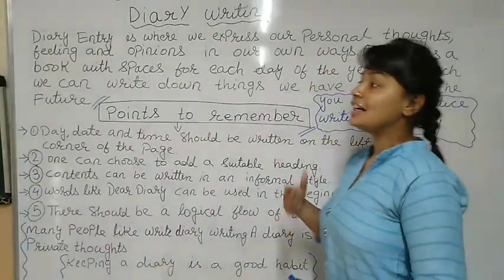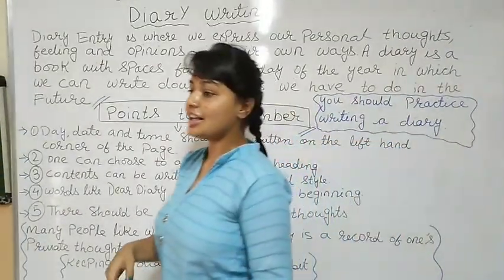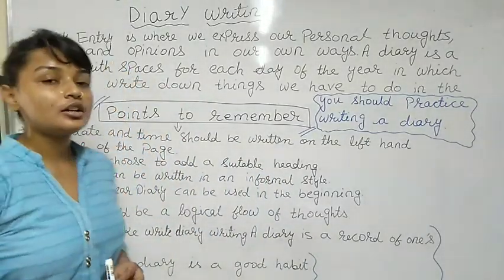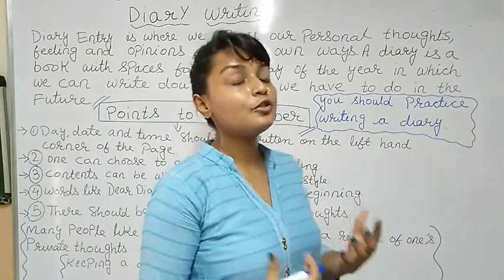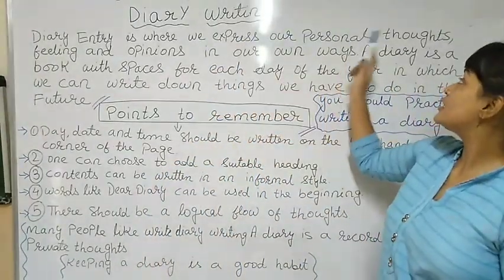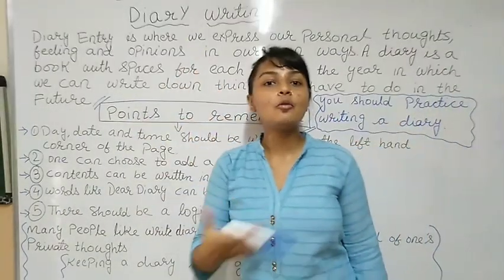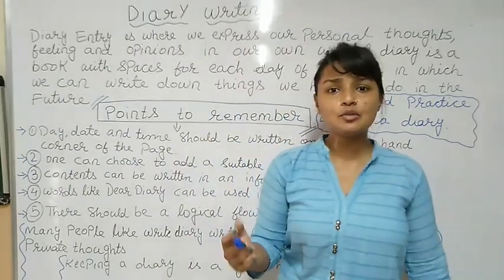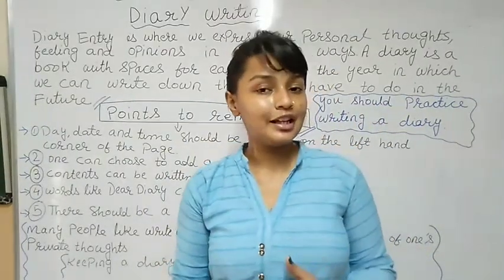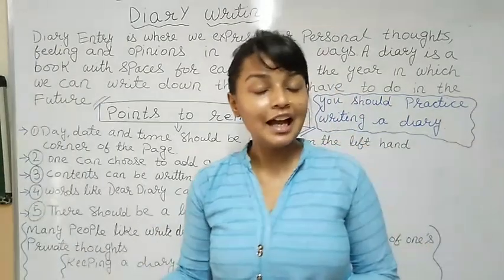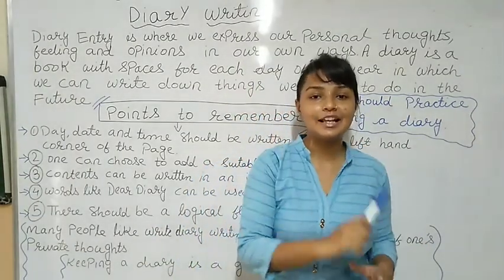So students, diary writing is one type of entry where we express our thoughts and our feelings. We express our personal thoughts, feelings and opinions. You can say, students, that if you don't want to share your feelings and thoughts with someone else, then instead you can write them in your diary, students.